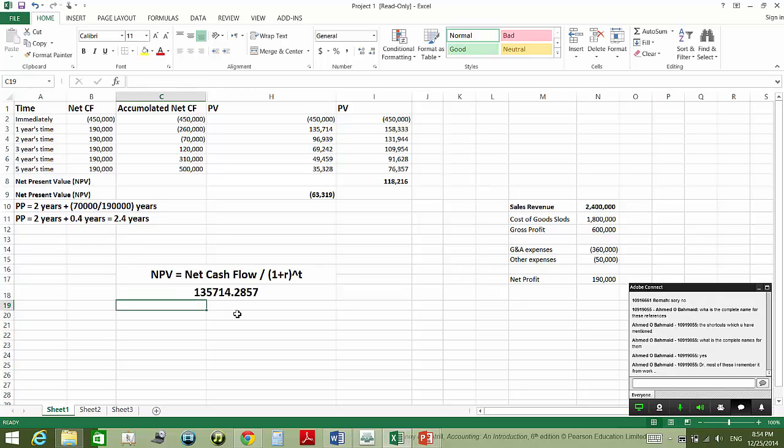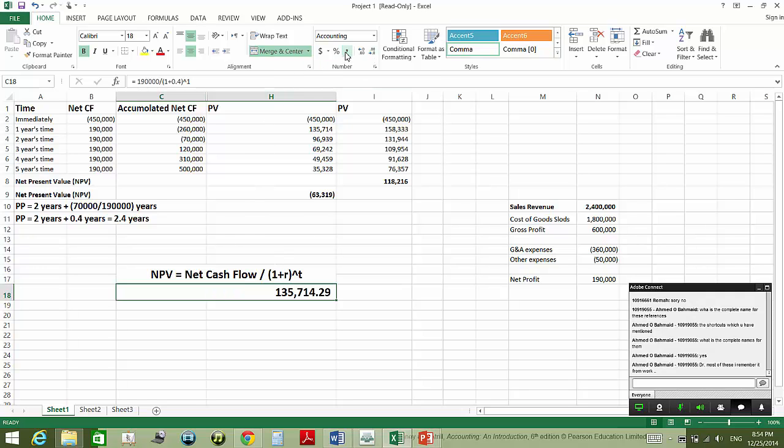So this is the net present value for the cash flow of the first year. With the same process, we will calculate the cash flow of the second year, and the net present value of the cash flow for the second year will give us 96,939. And the same thing for the third, fourth and fifth year.